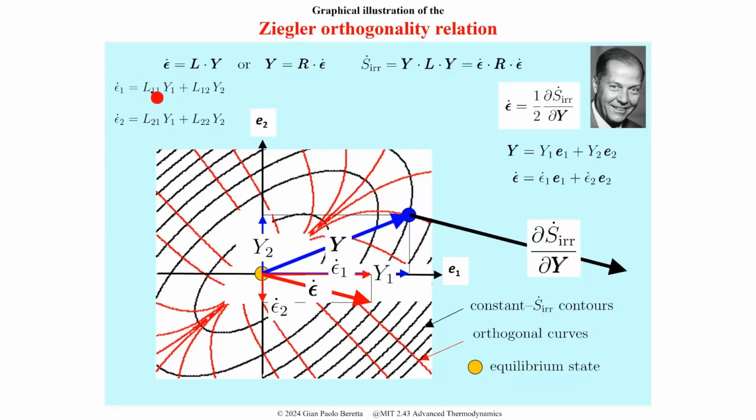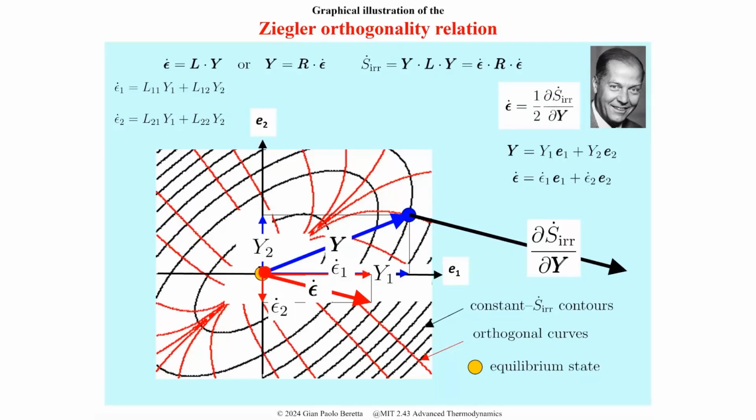It's the direct proportionality, and it says that the rate of reaction 1 is proportional to its affinity. And also, if you had only reaction 2, the rate of reaction 2 is proportional to its degree of disequilibrium. Same sign, because we said that these L's are positive.